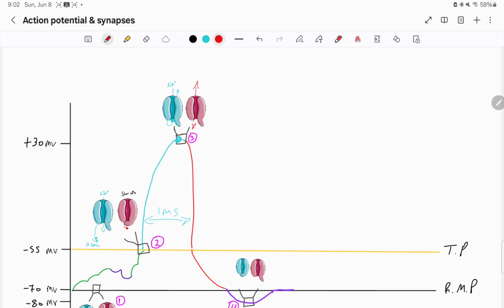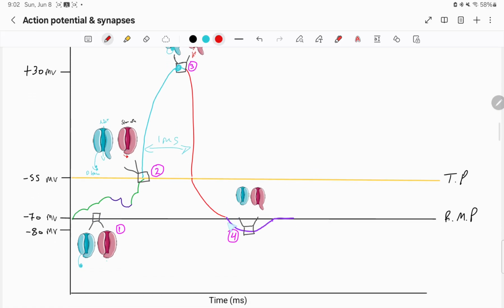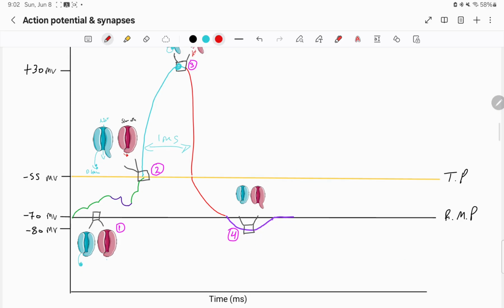All right. Now, potassium will keep moving until it's changing the membrane potential fully back to resting membrane potential. And then it will change it some more and bring us to this hyperpolarization phase. Why do we get to this hyperpolarization phase?